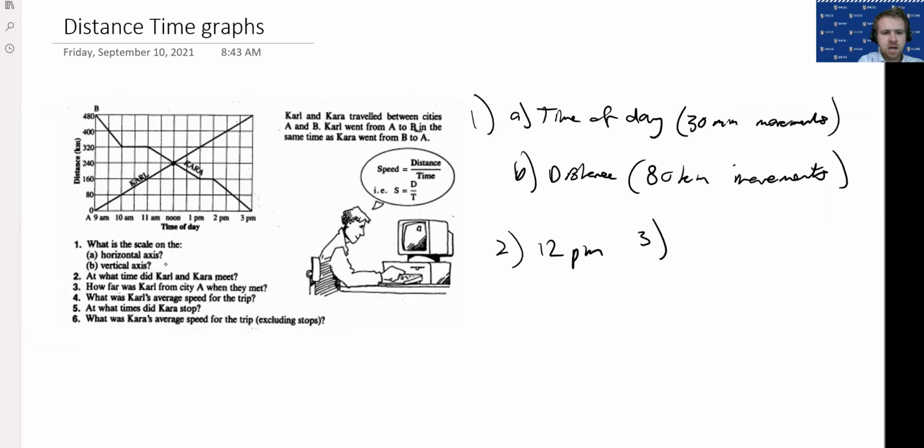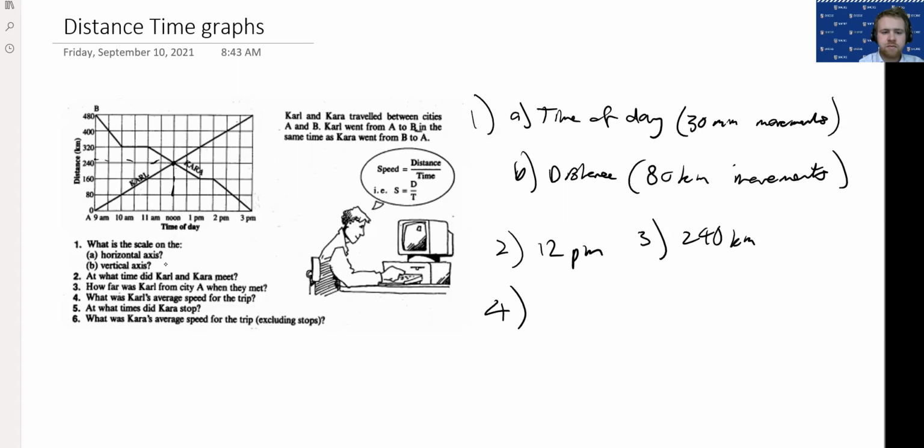A is the zero distance, and then B is 480 kilometers away from A. So Carl at that point was 240 kilometers away. Again, just using the y-axis there, we go up on the axis and across. We can read the reading off there.